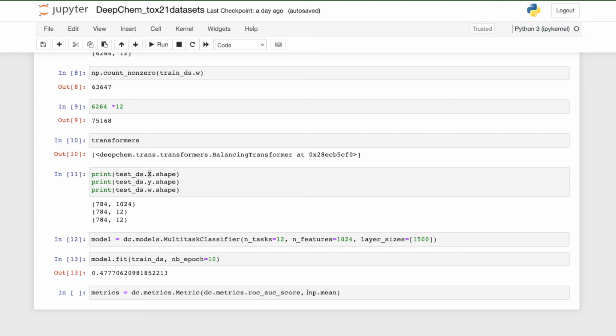So this is where the ROC AUC score comes into play. The ROC AUC score is going to plot the false positive rate against the true positive rate.